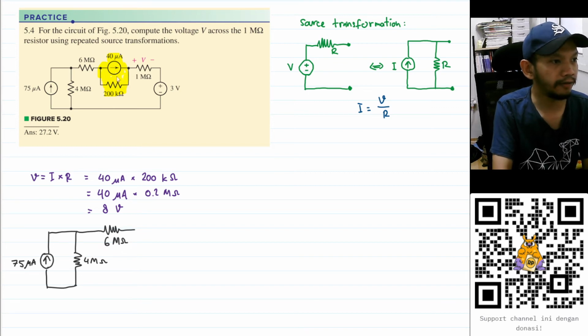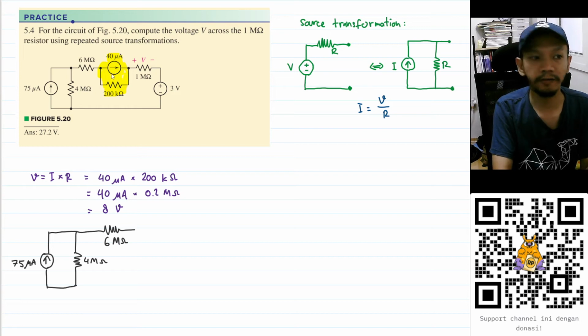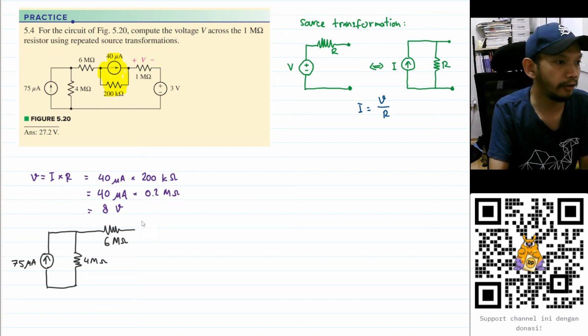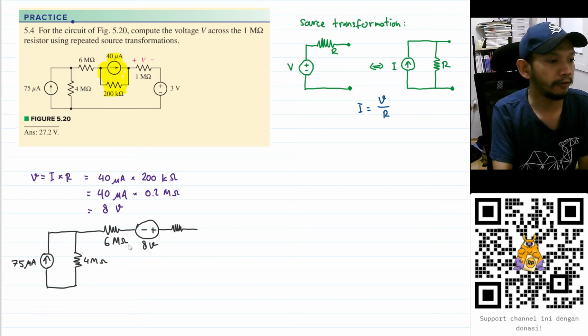Okay, we replace this with a voltage source in series with a resistor. So I will have minus and plus, and the value will be 8 volt. So I have 8 volt from here, and that is in series with this 200 kilo ohm. Because all of this is in mega ohm, I will want to write it in mega ohm.